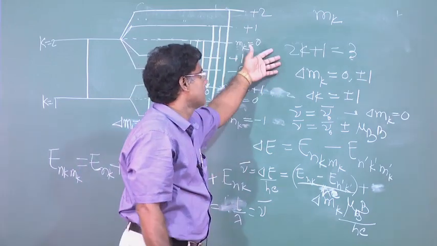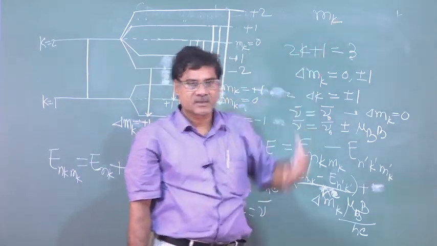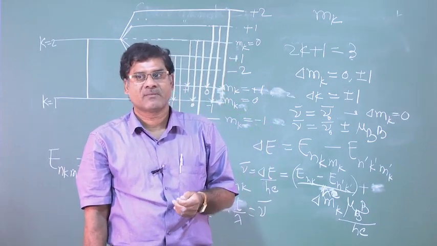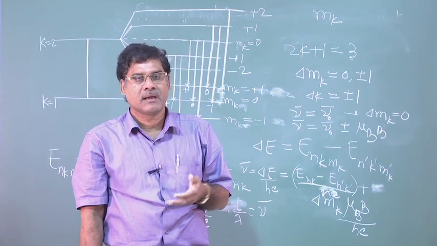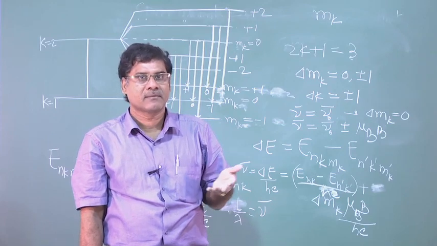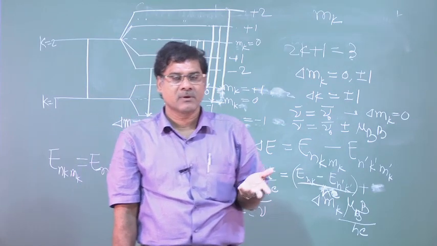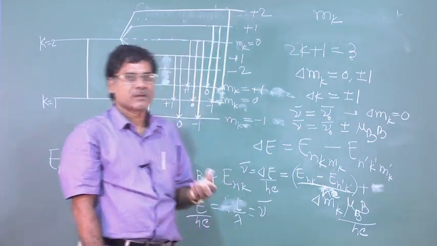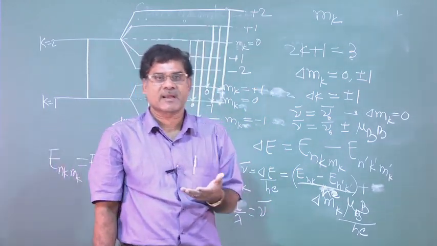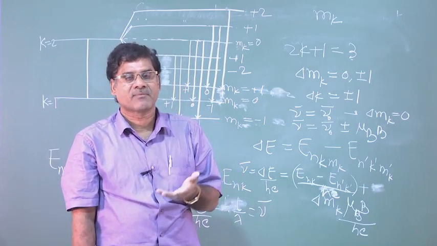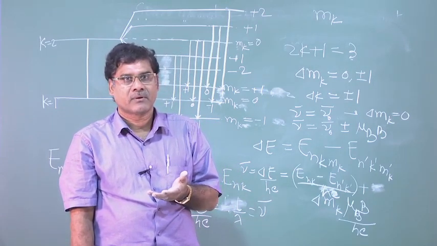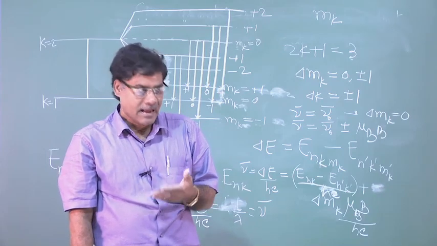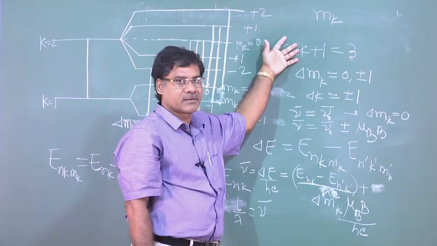But still, by introducing this m k space quantization, we are not able to explain the fine structure of the hydrogen atom and of alkali atoms like sodium, such as the sodium D1, D2 lines. What is the origin of that? What is the origin of the 5 spectral lines of H alpha? These are experimental facts that cannot be explained, as well as the anomalous Zeeman effect.